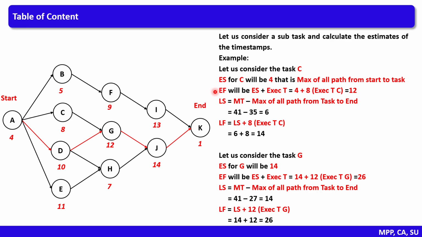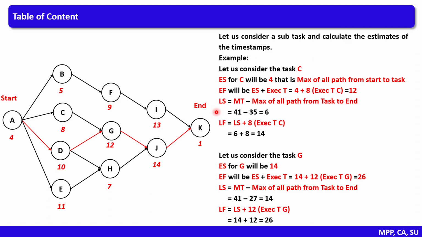Now, let us move on to late start. Late start, as discussed in the previous slide, is the difference of minimum time and maximum of all paths from task to end. Here, the minimum time is 41 and maximum of all paths from task C to end is 35.